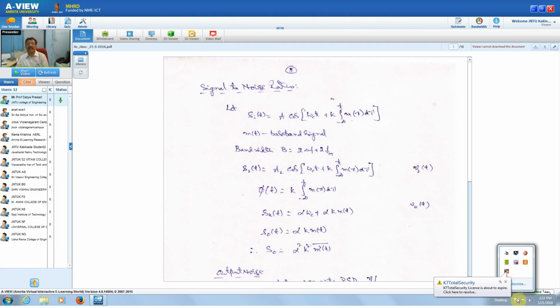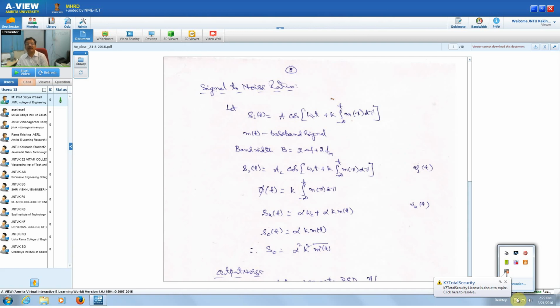The signal power is the mean square value of this, that is α² k² times the mean square value of m(t). Therefore, the signal power S_0 is equal to α² k² m²(t) average.